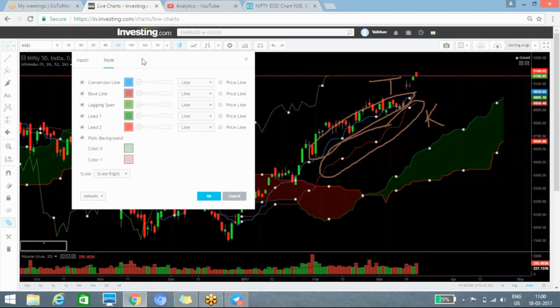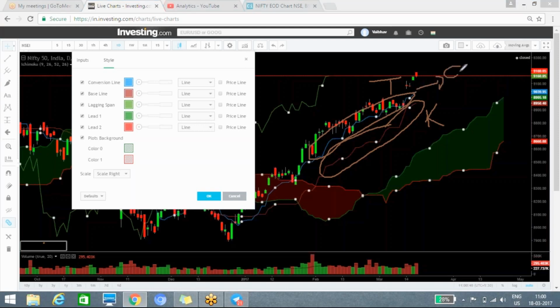For Tenkan-sen, you were looking at the 9-day period high and 9-day period low, dividing by 2. Kijun-sen is nothing but the 26 period: 26 period day high, 26 period day low divided by 2. So it is a slow moving average. We have learned what a fast moving average is and what a slow moving average is.